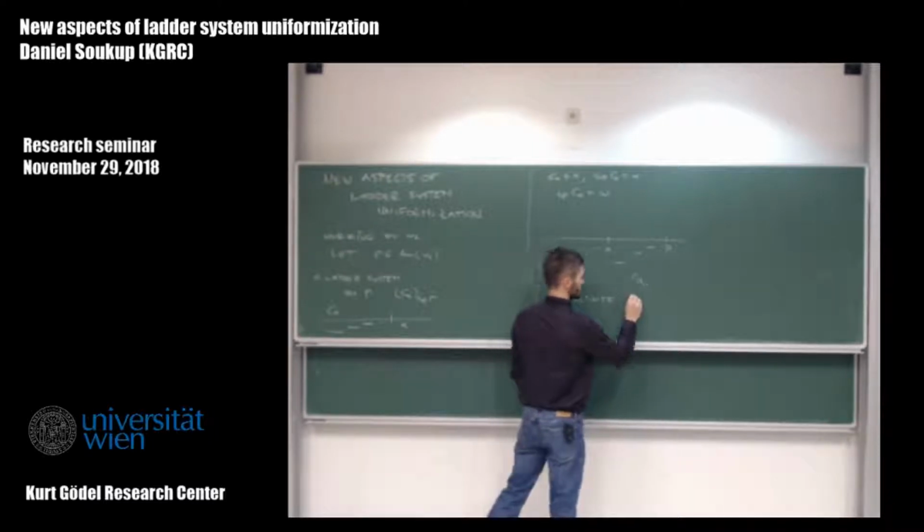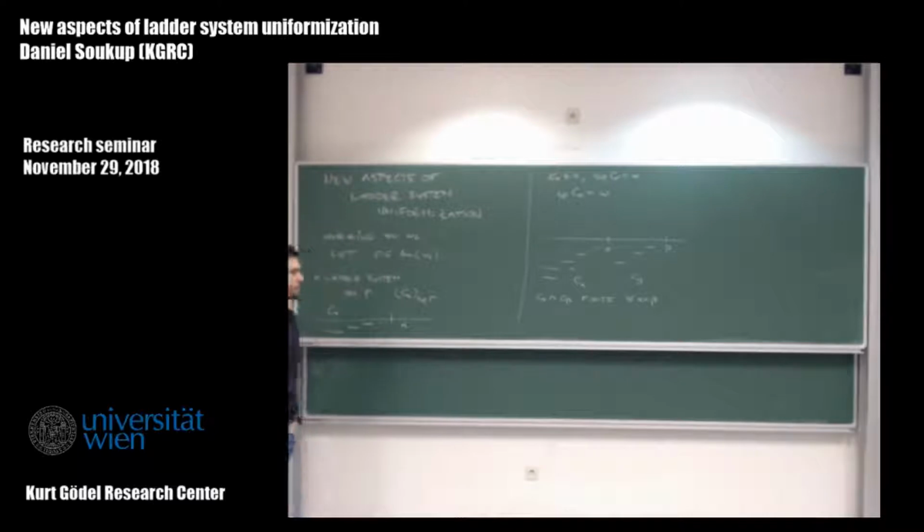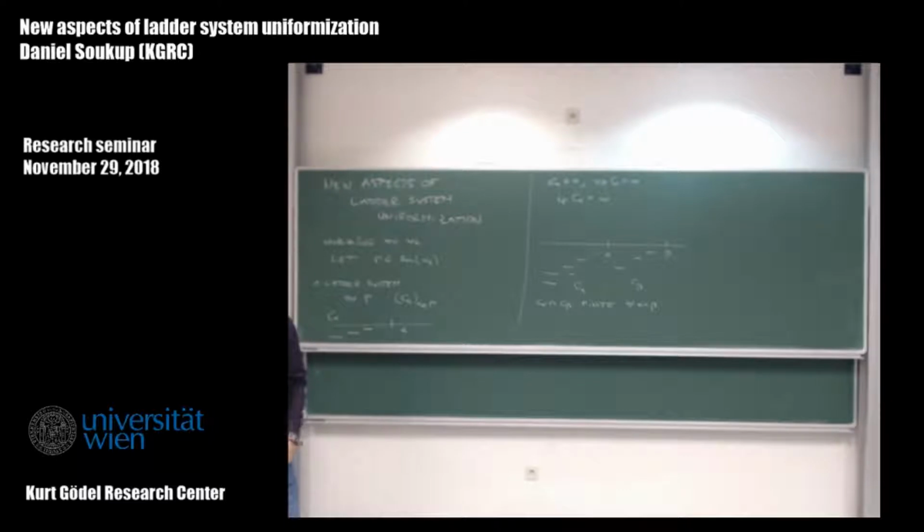So usually we're interested in ladder systems living on at least stationary subsets, but I'm not assuming anything of gamma at this point.